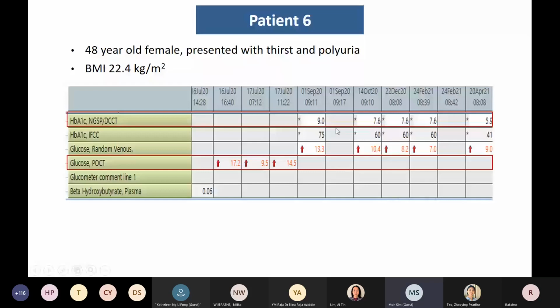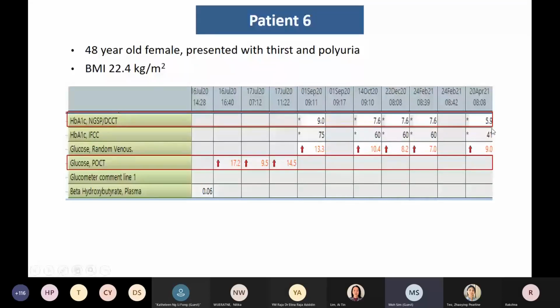Okay, HbA1c level on 1st of September was 9.0, and this is actually 3 months after her admission. It's still unacceptable, but you can see that from September to October to December and eventually to April this year, HbA1cs are now moving from an unacceptable range to, in fact, an ideal range.